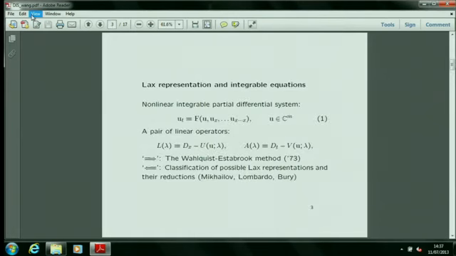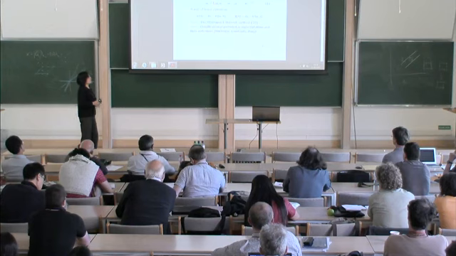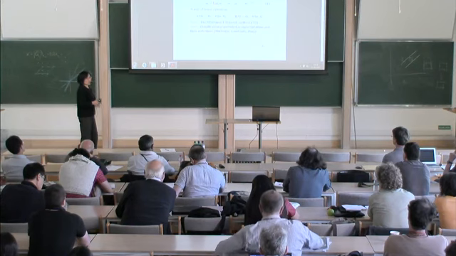Since that is the central operator, we write this operator as dependent on two parts: basically your potential U and the spectral parameter lambda. For a given equation, finding this Lax representation is very hard.